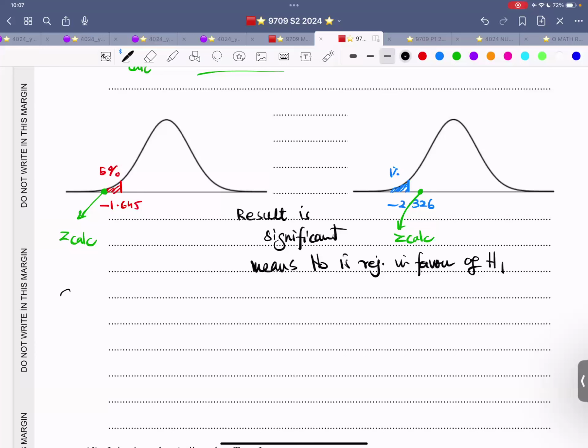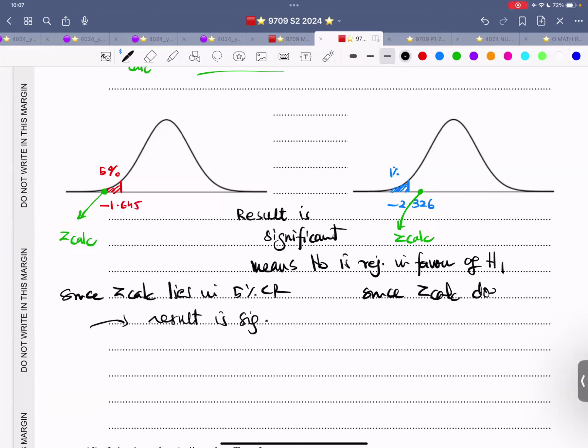So therefore, since Z calculated lies inside the 5% critical region, the result is significant. Since Z calculated value does not lie inside the critical region, the result is not significant. That is what they were asking.